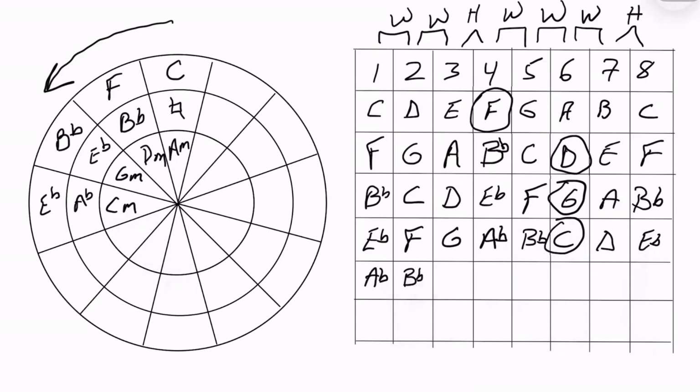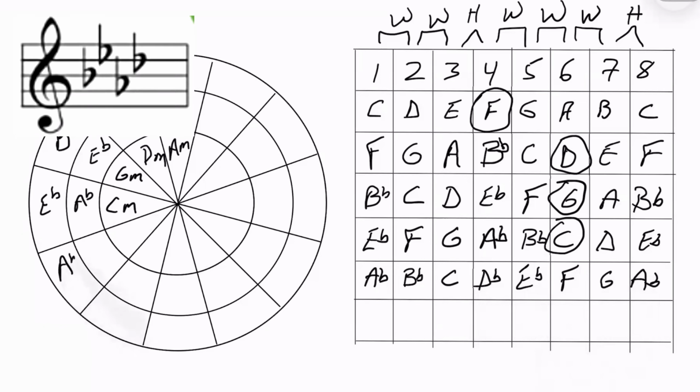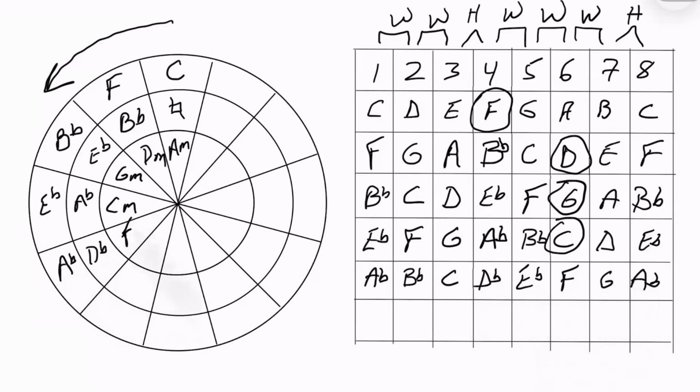Keep carrying those flats over, A flat, B flat, C. Now we've got a new flat being introduced. We get to that 4th degree, D is going to be our new flat. We'll carry over our other flats, fill in the rest. Now we have 4 flats in the key signature. Okay, our key is A flat. The new flat we found is D flat, and our relative minor is that 6th degree, F minor.